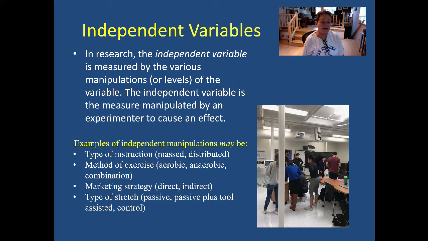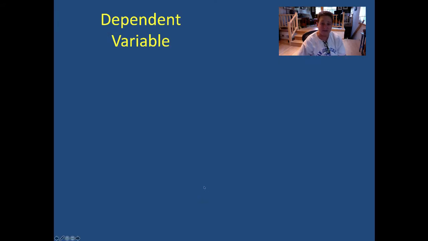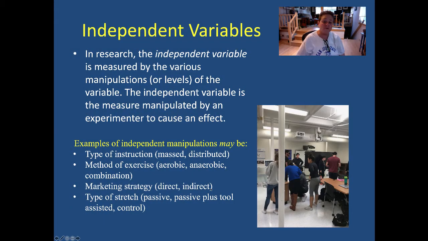Examples of independent variables might be things like, I might manipulate the type of instruction that you have. So if I were to look at the final exams of students that took my Kin 175 class in the regular session, and those students who take my Kin 175 class in the summer session would represent massed practice.